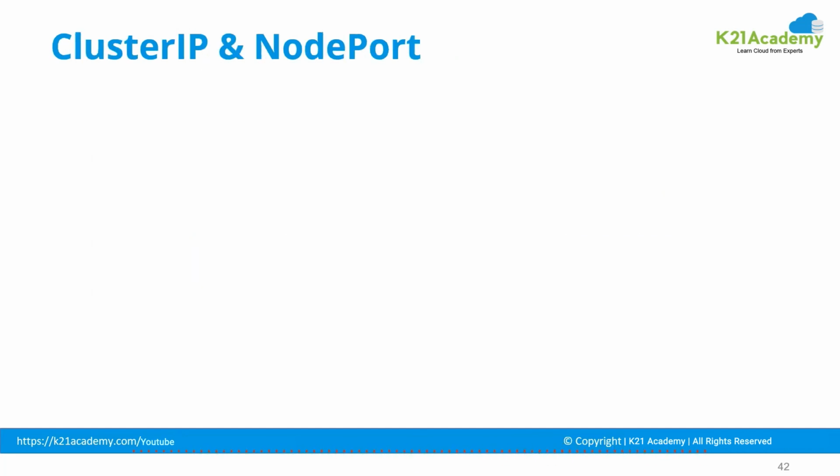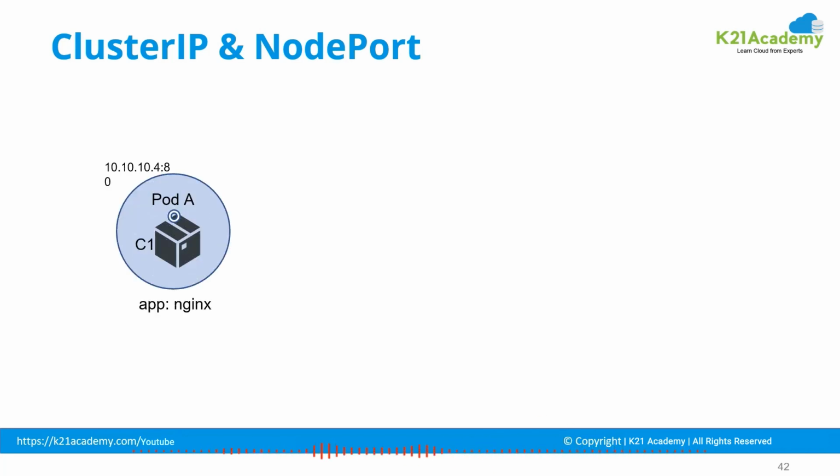Now, to explain, the two common types of service are cluster IP and node port. So the cluster IP is, as I said, you have a pod which is running an application, for example, Nginx here. And you might be running multiple instances of this Nginx application on different pods. All those pods which are running the Nginx application are exposed via a service whose IP is 10.10.10.4:80.